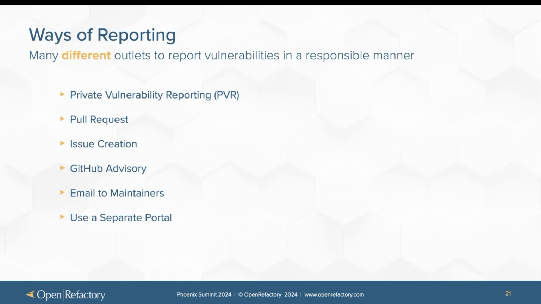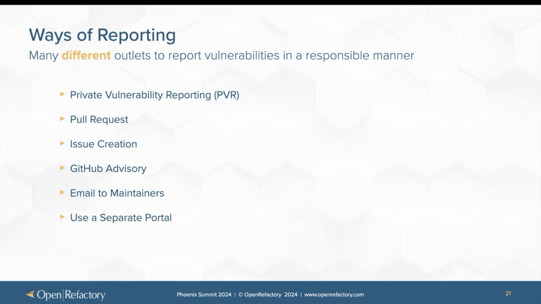The most recent advance has been made by an approach called private vulnerability reporting, which is done by GitHub and GitLab. You can also create a pull request for bugs that are not that critical. You can also create an issue when you do not have a fix readily available. You can create a GitHub security advisory to report certain kinds of bugs.